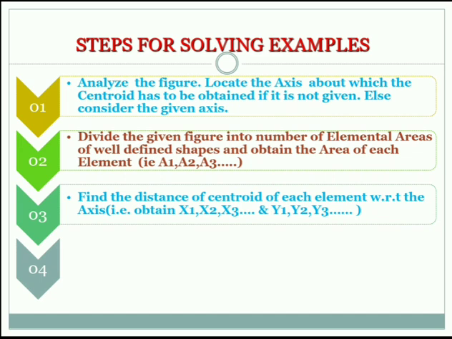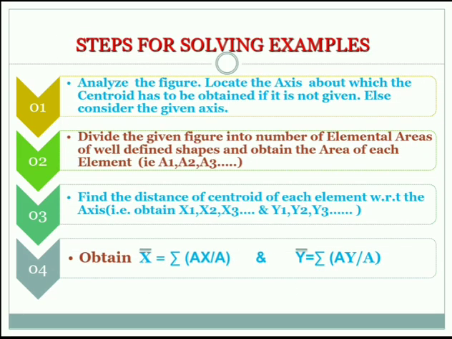So if we have 2 elemental figures, we have to find x1, y1, x2, y2. If we have 3 elemental figures, we have to obtain x1, x2, x3 and y1, y2, y3. This step is very important because all the things will depend on this particular step.